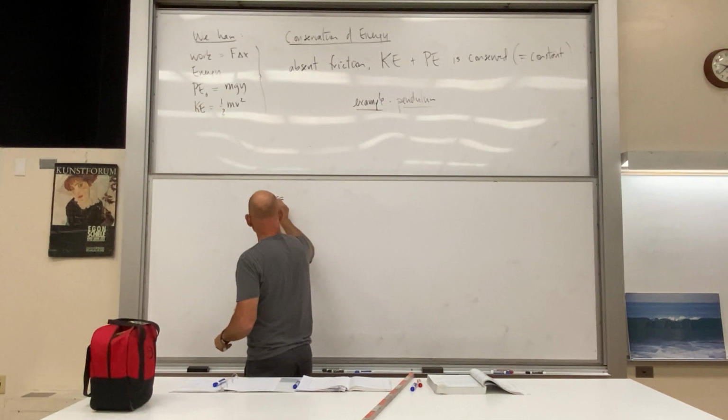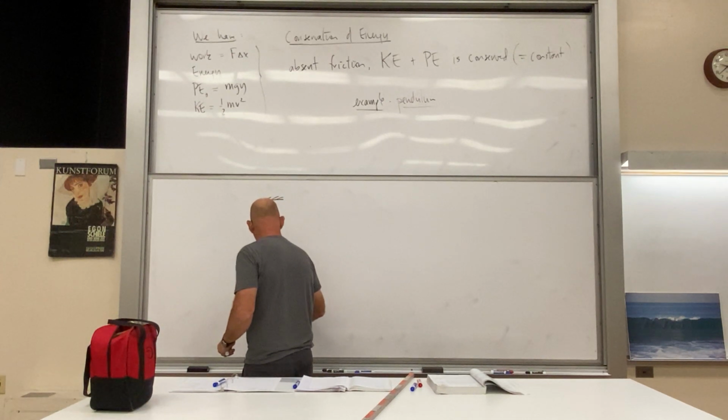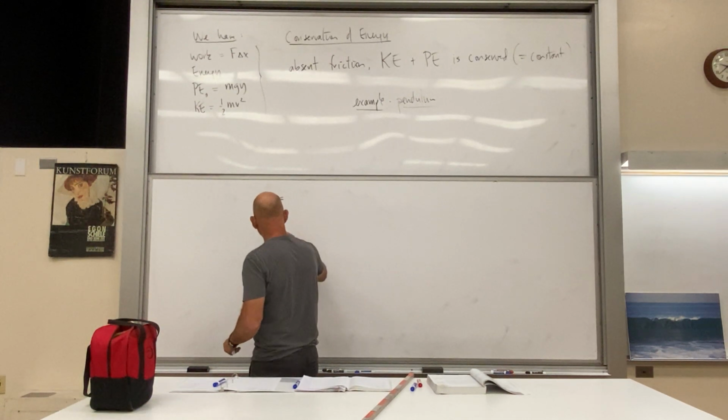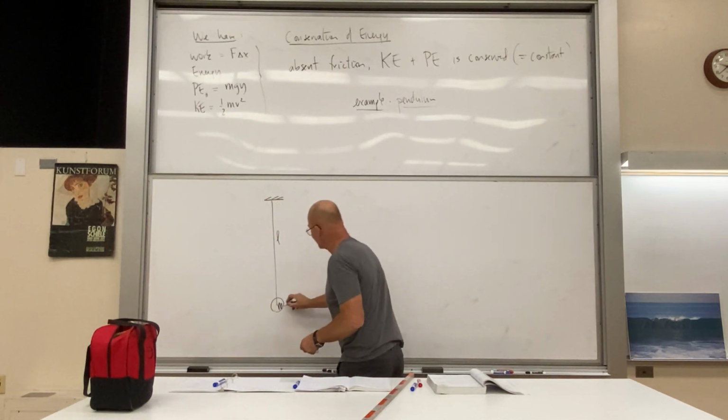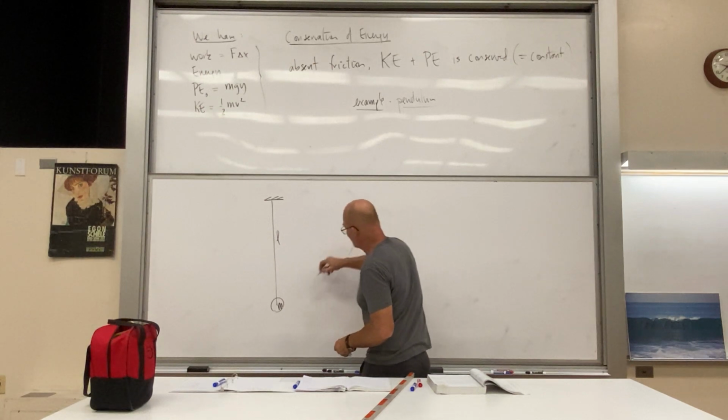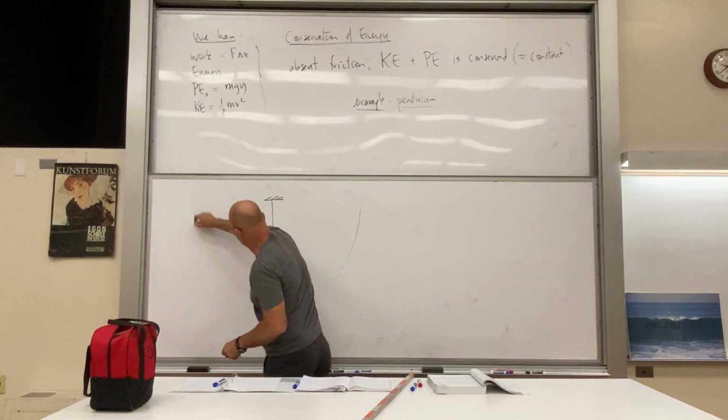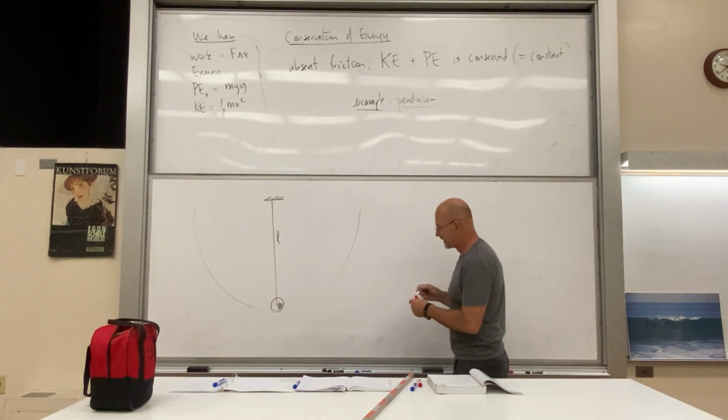We have some room to label things, okay? If it's just hanging down here, it's got a length L and a mass M, and then it can swing up in a semicircular arc here, okay?